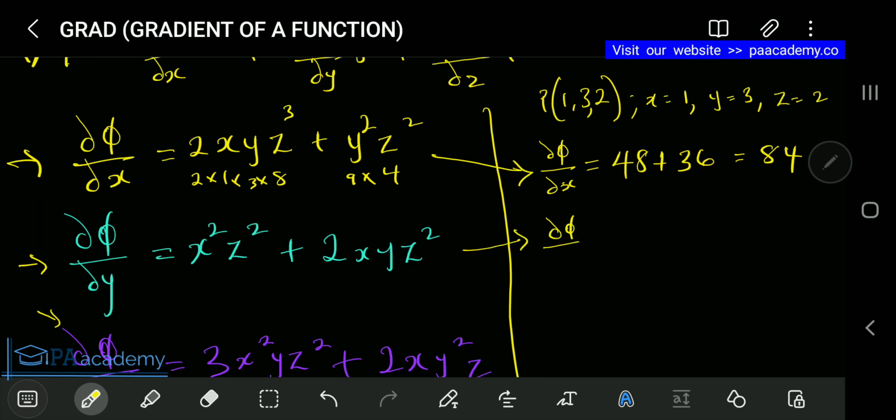So partial differential of phi with respect to y. We're having x squared z squared, so let's put in the values. x squared is 1 times z squared, that's 2 raised to power 2, which will be 4.